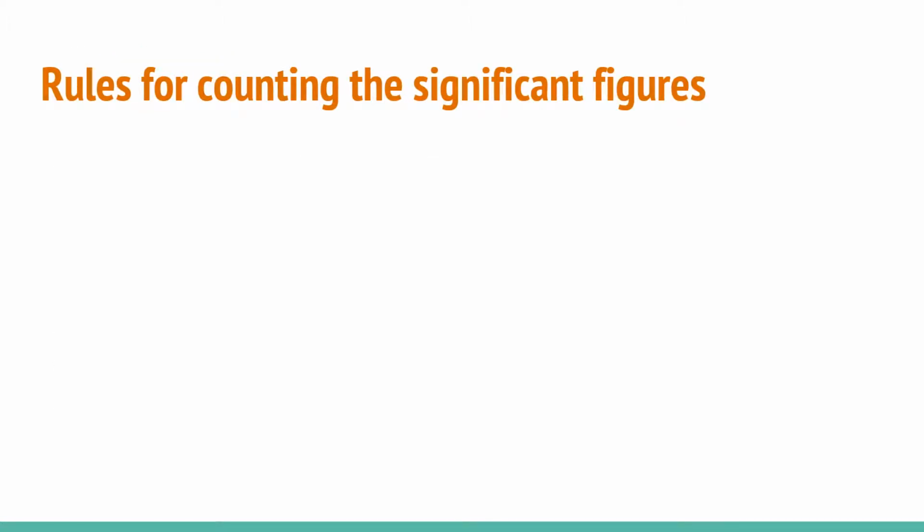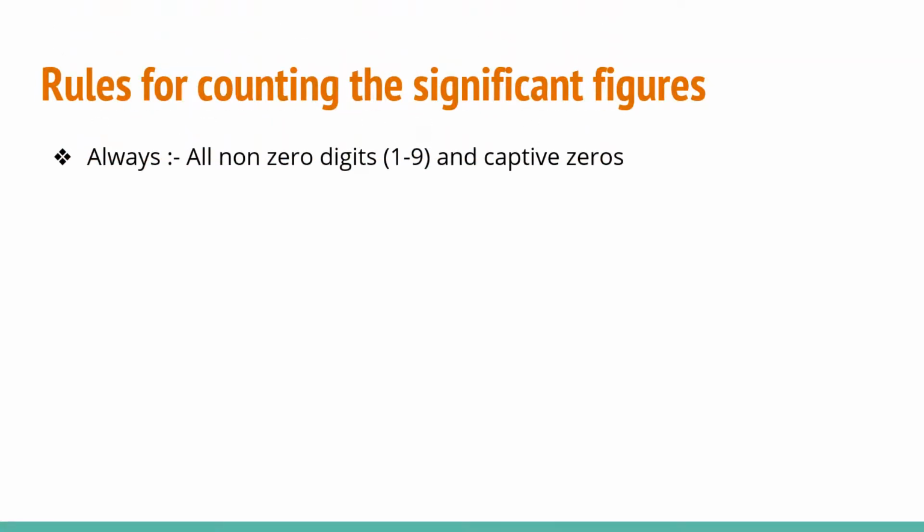So there are certain rules for recognizing significant figures. First rule, some digits are always significant. All non-zero digits, that is 1 to 9, are always significant, and captive zeros are always significant. So what are captive zeros? Captive zeros are those zeros which occur between non-zero digits.